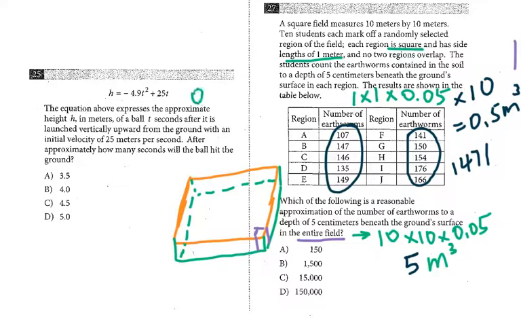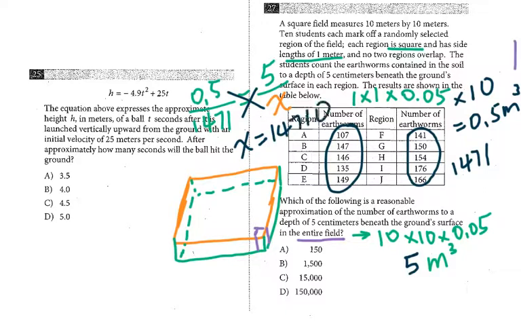We have 0.5 over 1471, equals 5 over x. Then what's the x? Cross multiply. Then the x will be 14710. So the answer is C.